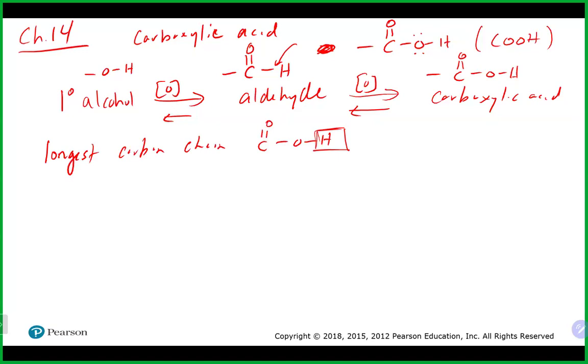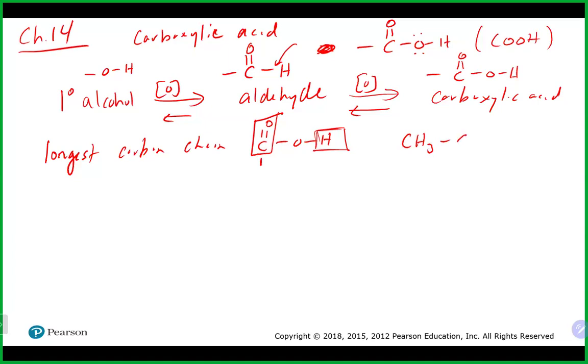So what that means in terms of naming is we do not really need to give the location of this carbon-oxygen double bond in the name. But for numbering purposes, it would always be carbon number one, whichever end it happened to be on. And that's important for any other groups that were attached to it.